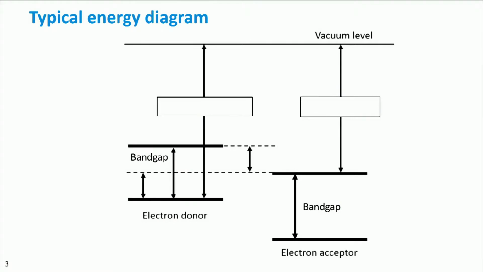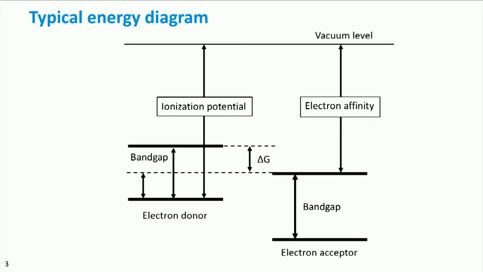A typical energy diagram of a heterojunction organic solar cell will look like this. On the left-hand side, we see an electron donor material which is brought into contact with the electron acceptor on the right. The ionization potential of the electron donor is the energy difference between the HOMO and the vacuum level. And the electron affinity of the electron acceptor is the energy difference between the LUMO and the vacuum level.